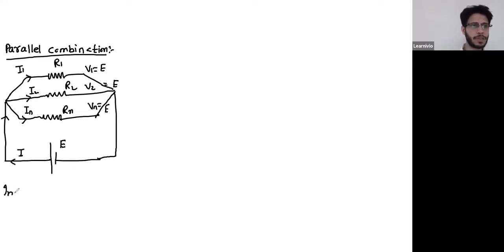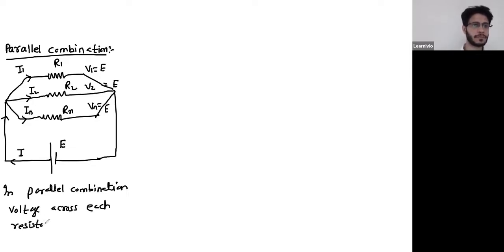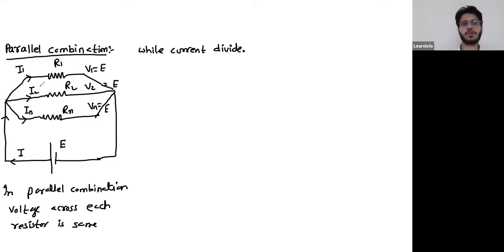So in parallel combination, voltage across each resistor is same, while current divides. Across each resistor, voltage is exactly same, but current will divide.